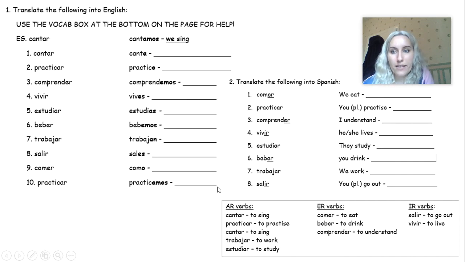If there are any verbs that you don't know, you have got a help box at the bottom to help you work out what they mean. Then section 2, you've got the infinitives and you need to conjugate them following the instructions here. Pause the video now and write these down into your book or on your piece of paper.